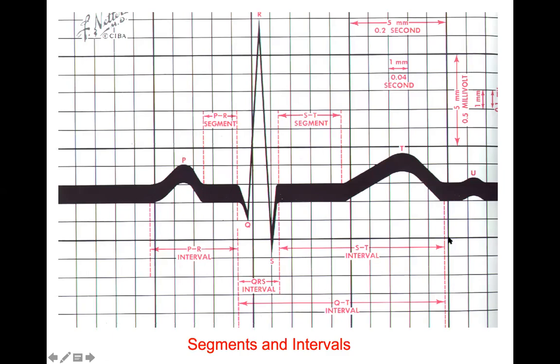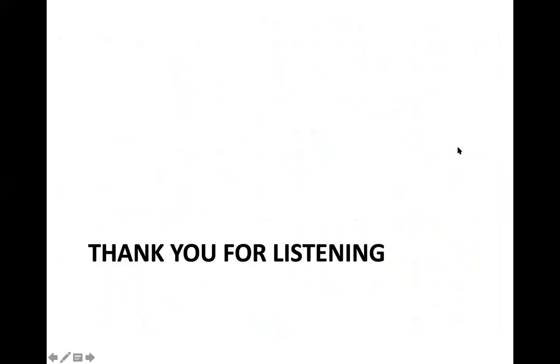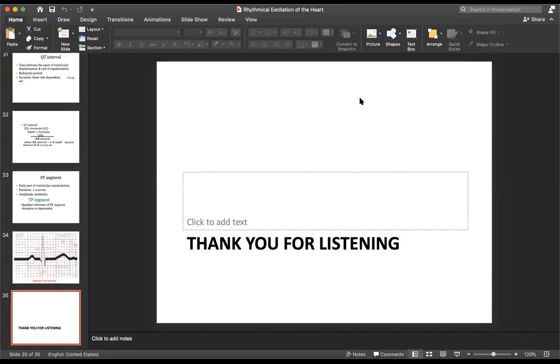Okay? So your ECG again is composed of big squares, each composed of 5 small squares, and each small square has a value of 0.04 seconds and the big square is 0.2 seconds. So you will know how to read ECG once you reach your second year, no?